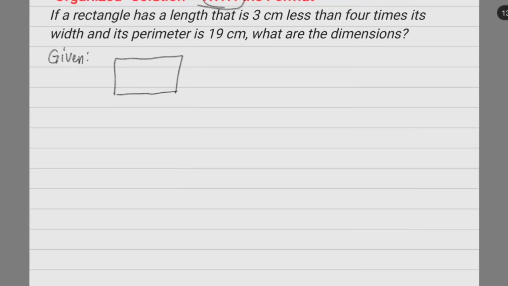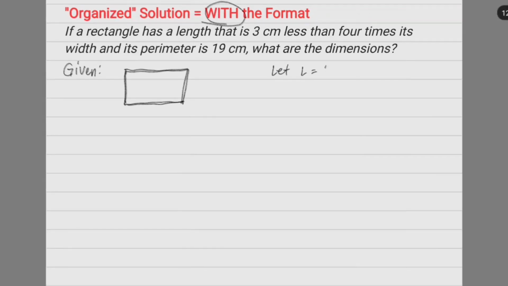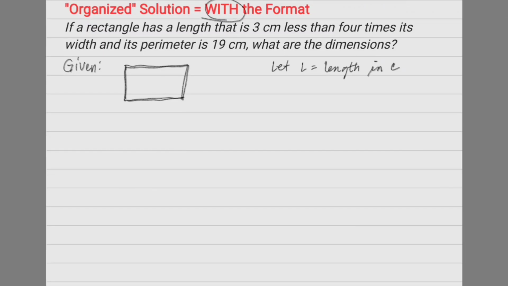Just don't mind the drawing. This is not drawn to scale, you guys. Okay. So let's have here a notation. Let letter L be the value of your length in centimeters, because here the given is in centimeters.